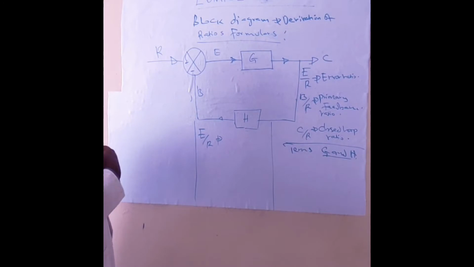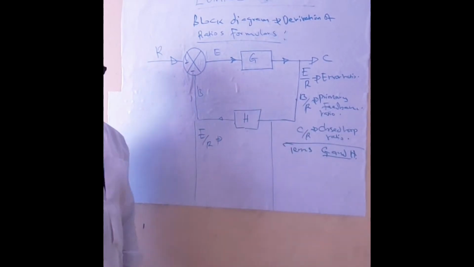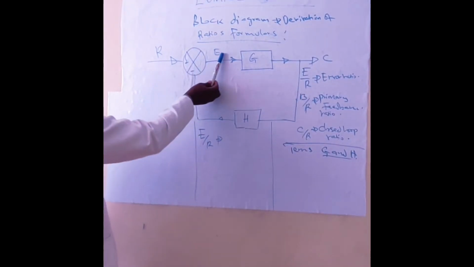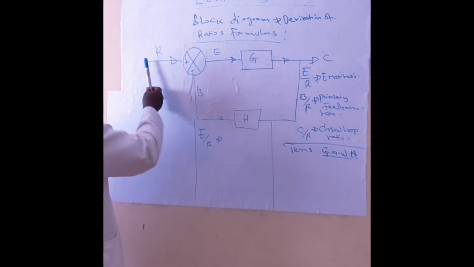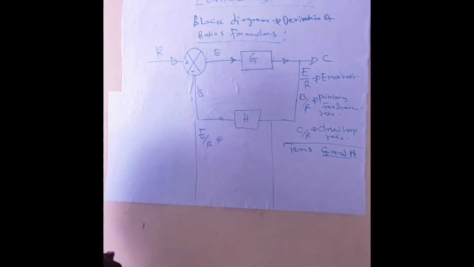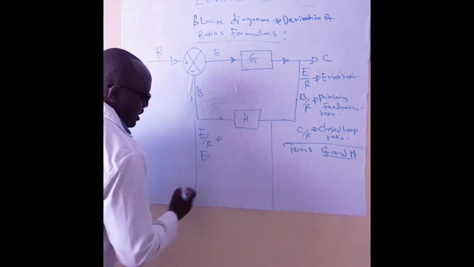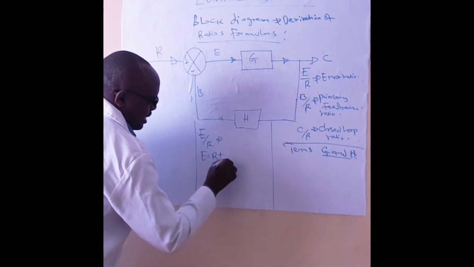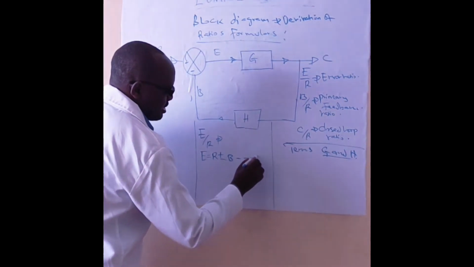But because we want to come up with a general expression, we are going to retain both positive and negative. So the error signal is a combination of the reference input plus or minus the feedback. Error signal E is equal to R plus or minus B, and that gives us the first equation.